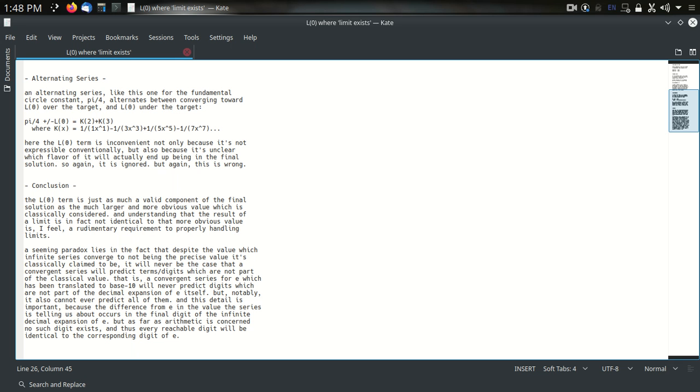And thus, every reachable digit will be identical to the corresponding digit of E. So you end up with this sort of weird result that confirms old notions of how things work, but it annoyingly takes you a little bit further into this, like, what the fuck realm of how can anything be that tiny?